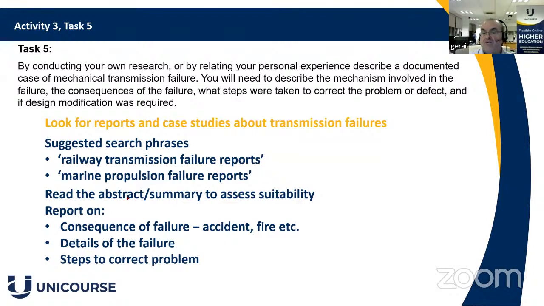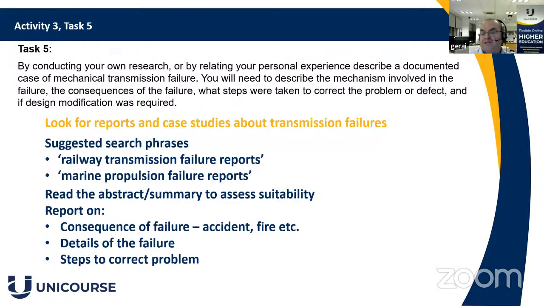So again, in your report, I want you to report on the consequences of the failure, whether there was an accident, a fire, whatever the consequences were. Then detail the failure. So what happened? What was it? Some sort of fatigue failure, or was it an overload failure?